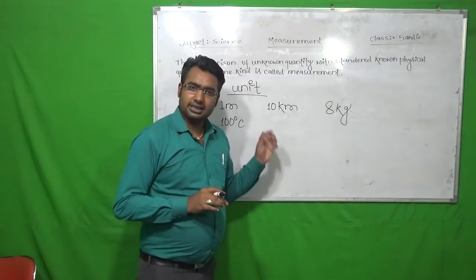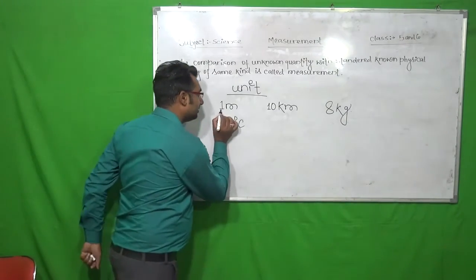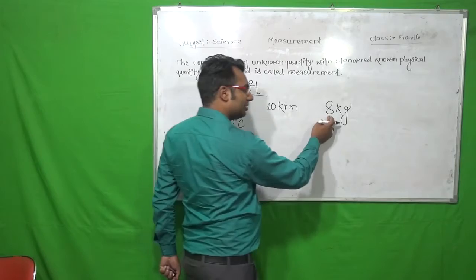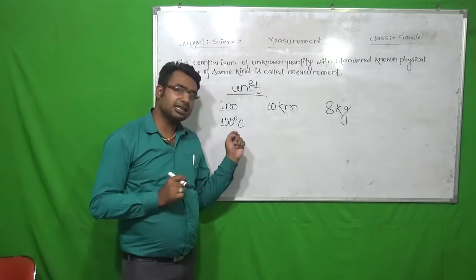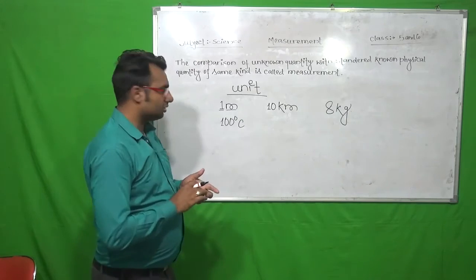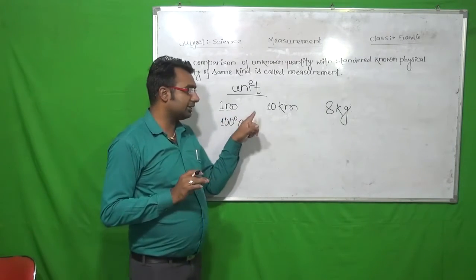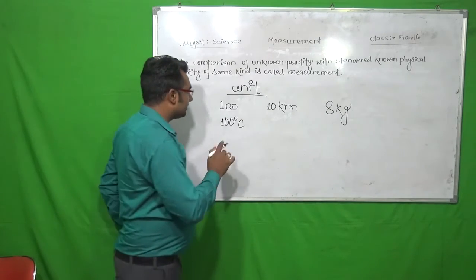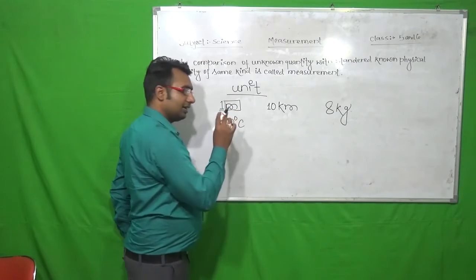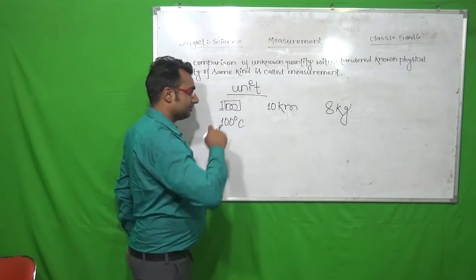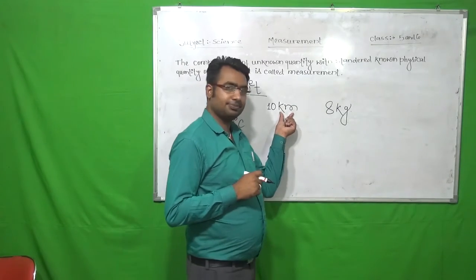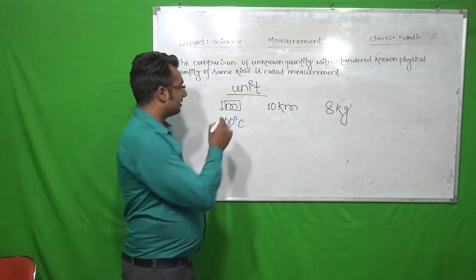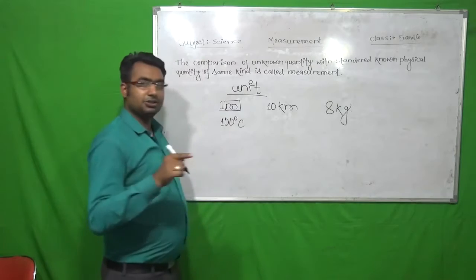In these examples, we can see a number, then a letter, again a number, then a letter. So don't think that this is only a combination of number and letter.